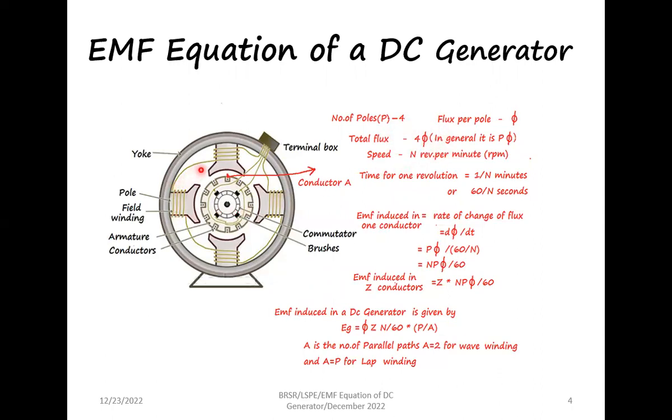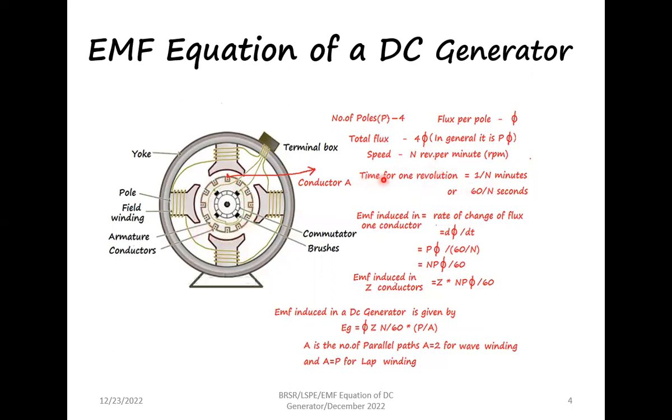Let us say this armature is rotating in the magnetic field, and every revolution of a conductor will induce an EMF in it. Let us assume that it is making n revolutions in a minute. How much time will be taken for 1 revolution?